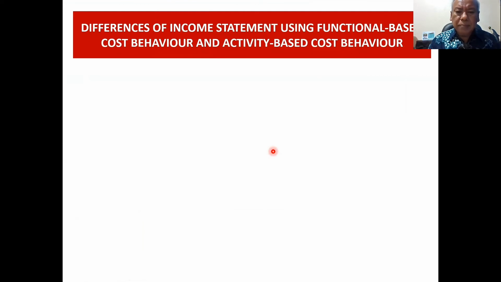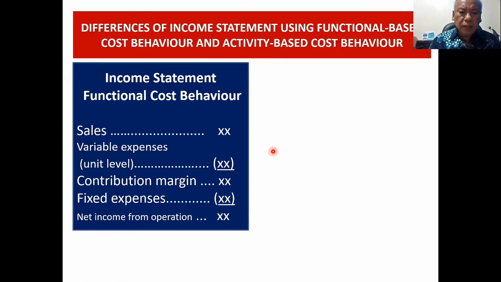The cost behavior approach will also influence the format of the income statement. If we are using the functional cost behavior, the format is like this: sales minus variable expenses. Variable expenses in this case are related to the unit level costs.